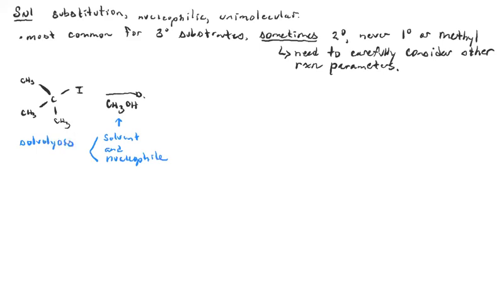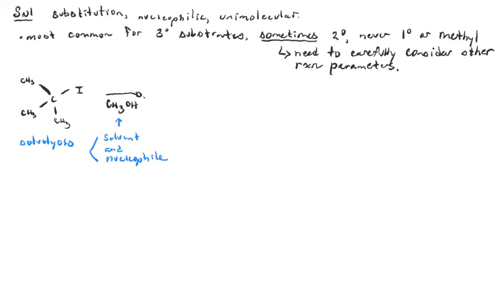Okay, so the solvent will typically also behave as a nucleophile, and there's a specific term for that, which is called a solvolysis. And so you're basically reacting the substrate with solvent.